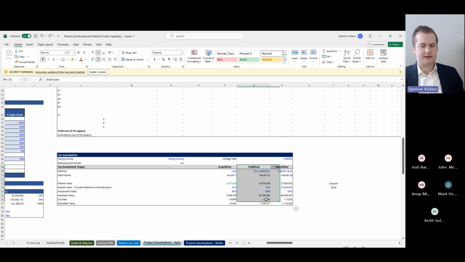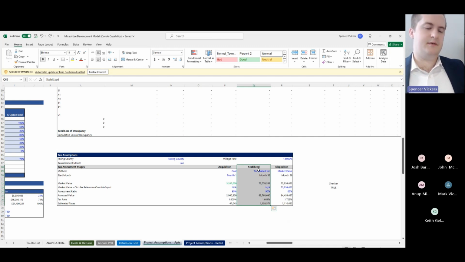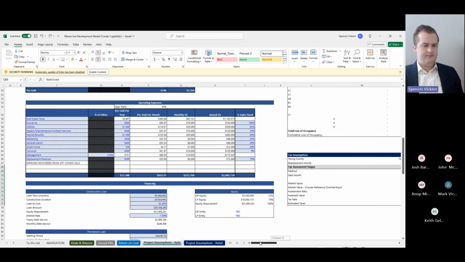In between stabilization and disposition, this will continue to slightly increase your taxes year over year until you get to disposition, at which point it'll switch to this one. And then the other operating assumptions, management fee is on effective gross income. And these are just the operating expenses for the apartments. There's a separate module for the retail.